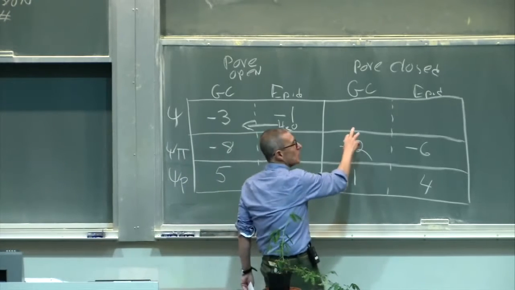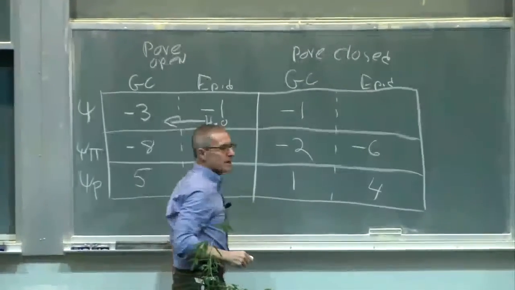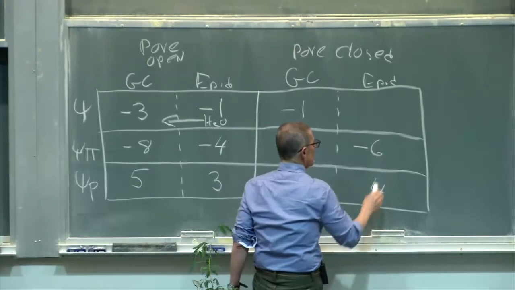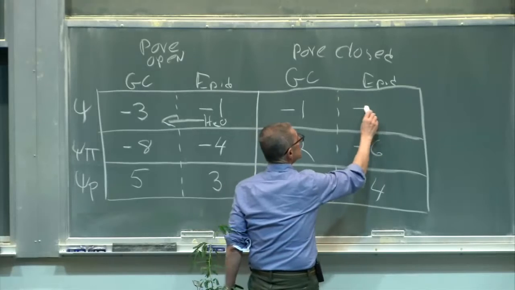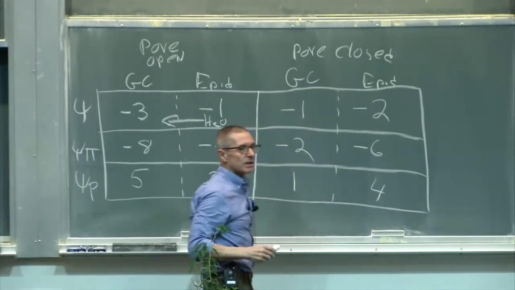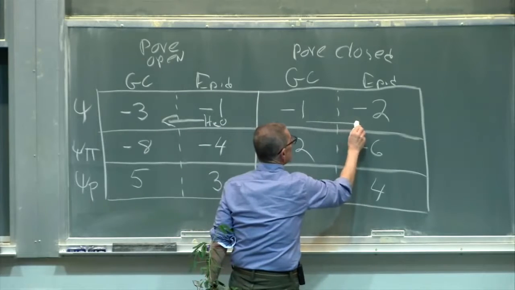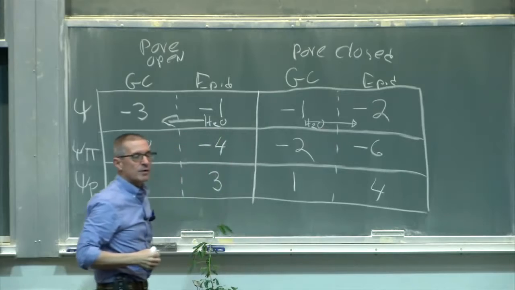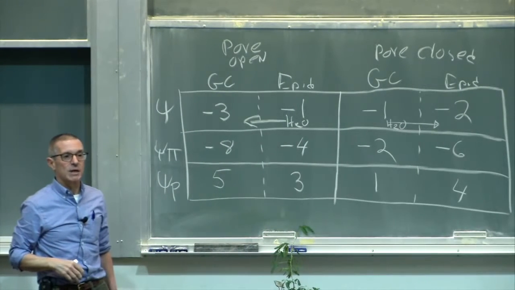When the pore is closed, that is, potassium has been pumped out, the water potential will be minus 1. And when the pore is closed, the potassium has been moved to the epidermal cells, and the water potential now is minus 2. So in this situation, following water potential, the water moves from the guard cell to the adjacent epidermal cell.